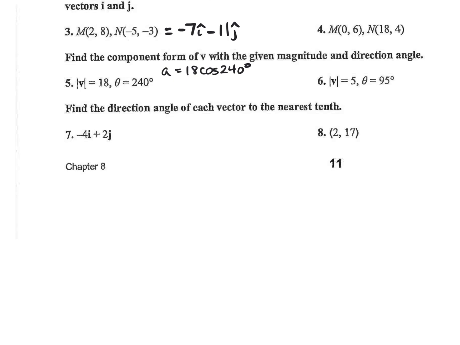Yep. And b is going to be 18 sine 240. And guys, guess what? If these are unit circle angles, you should do the unit circle thing. But I'll be nice to you and let you use your calculator for now, since we're doing real world applications. So what is 18 cosine 240? Negative 9. And what is 18 sine 240?